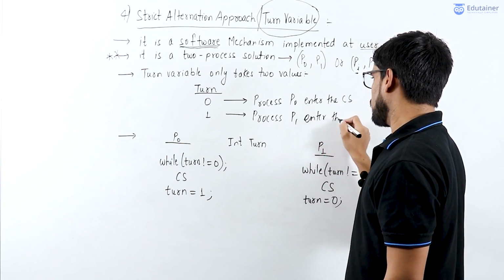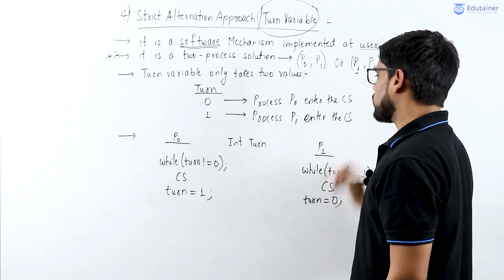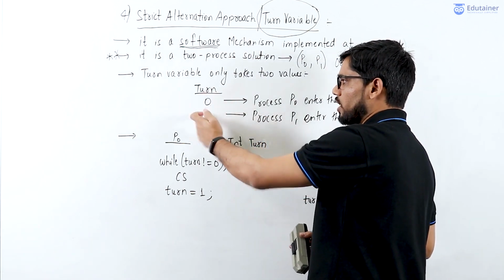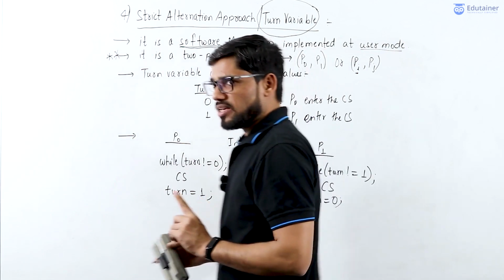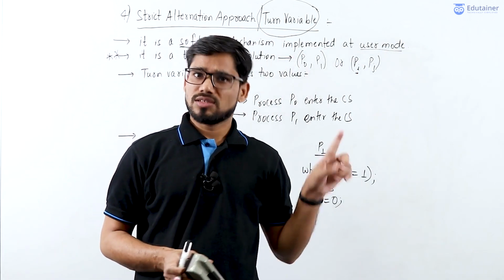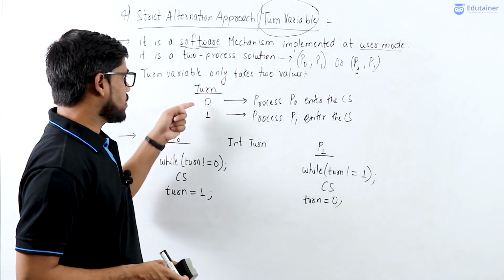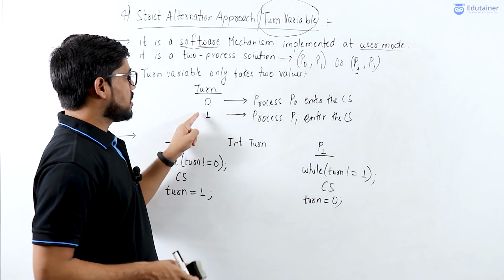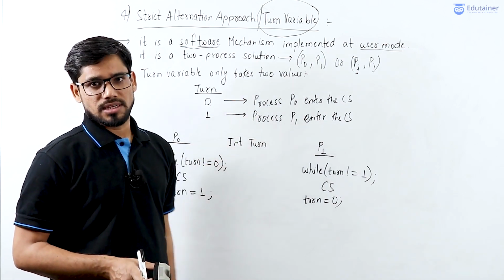It is very important that if you remember the lock variable, in lock variable we also use two values, 0 and 1. But 0 says that critical section is vacant and 1 says that critical section is occupied. But here the difference is 0 says that the first process can enter the critical section, and 1 says that the second process can enter the critical section.